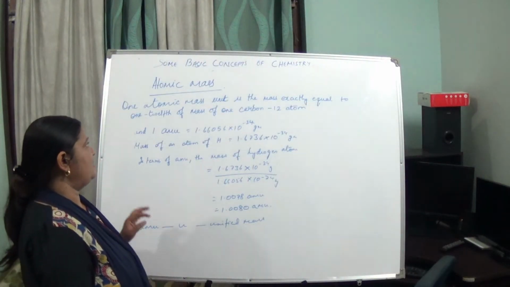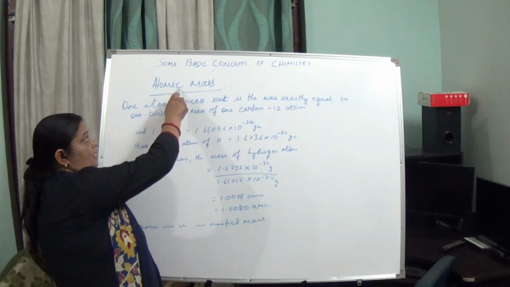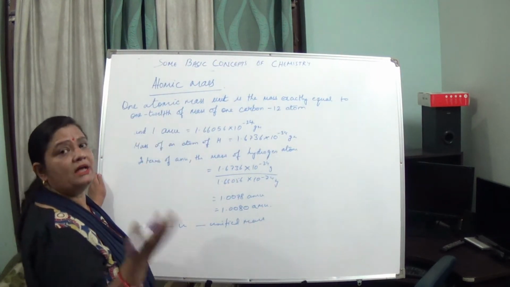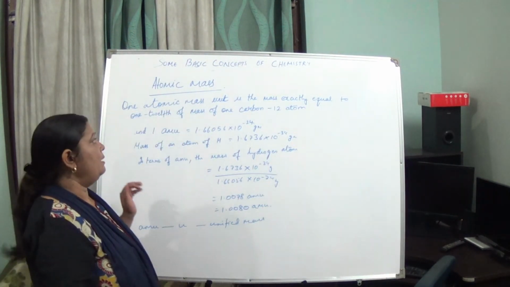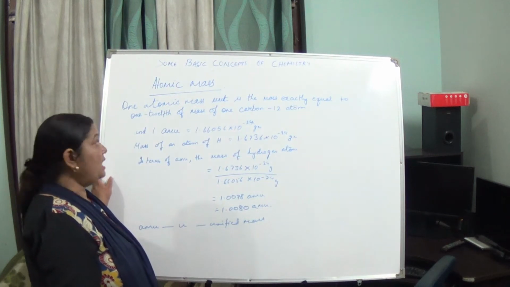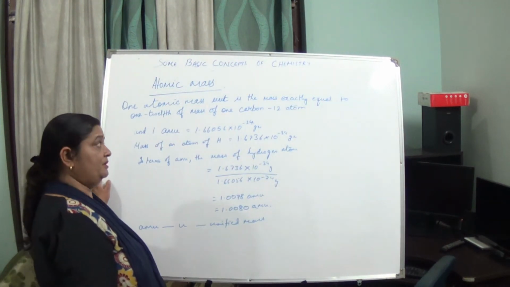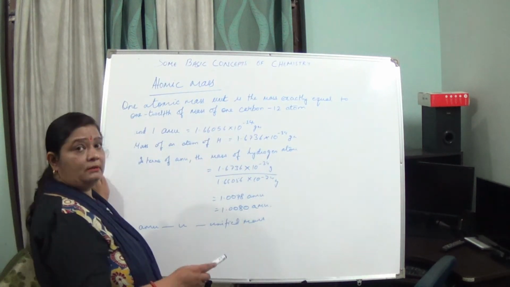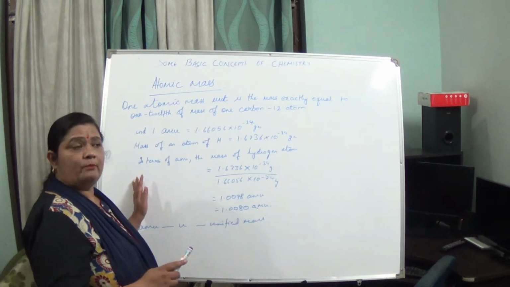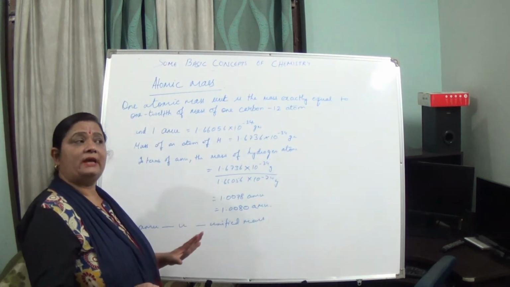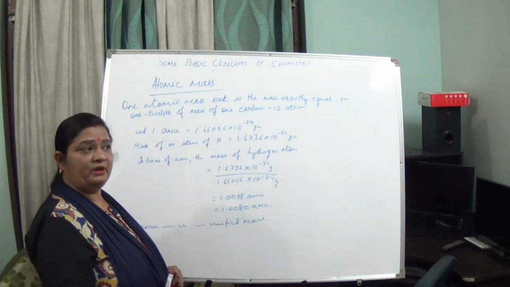Now, atomic mass. So what is atomic mass? It is very easy to say that the mass of an atom is atomic mass, but we can't say exactly that, because atomic mass is very easy to calculate now by the spectroscopic method.